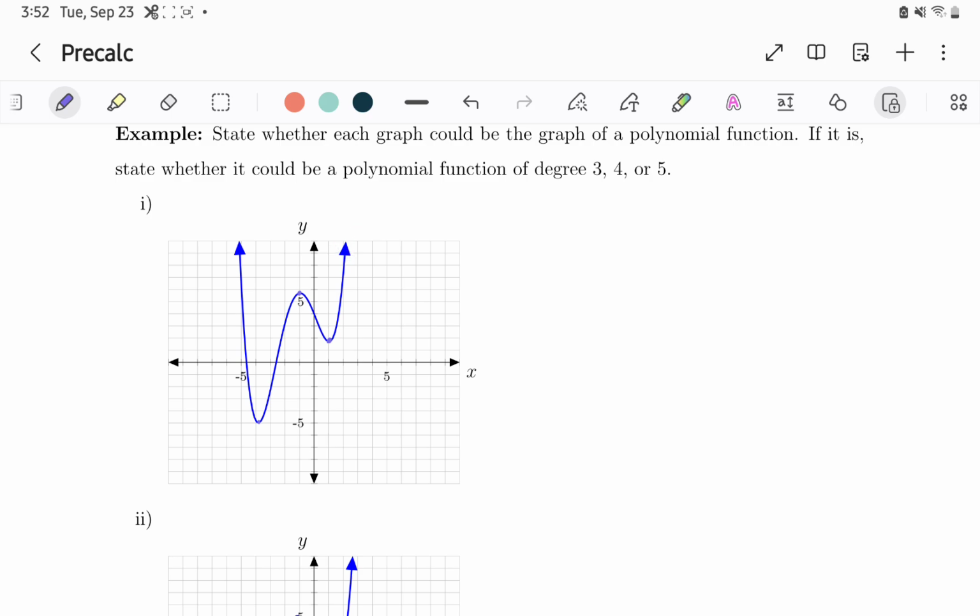So that also tells us that this is an even degree polynomial function. So we'll say yes, it is a polynomial function of degree 4.